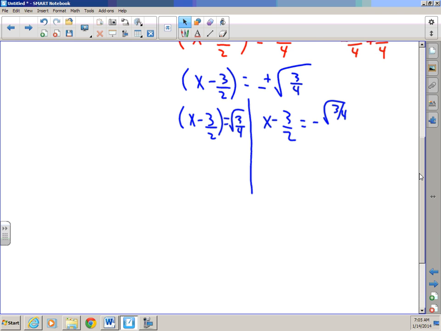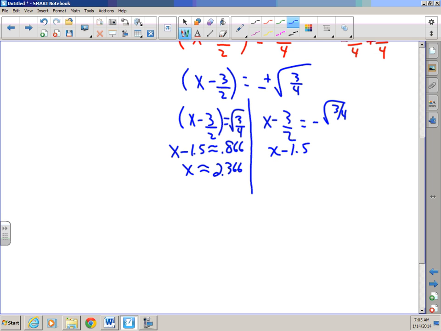Okay? Obviously what's easier here is to change the 3 halves to 1.5, because we're going to punch into our calculator the square root of 3 fourths to get 0.866. So x is approximately 2.366. Don't worry, I will tell you what you need to round to on anything you do.